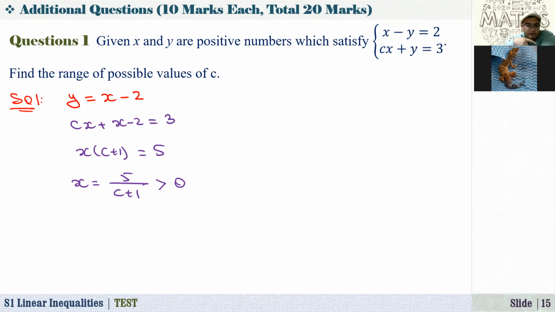When it is positive, c plus 1 should be positive, because 5 divided by a positive number is positive. Otherwise, it will be negative. So from here, what is c? c is greater than negative 1.